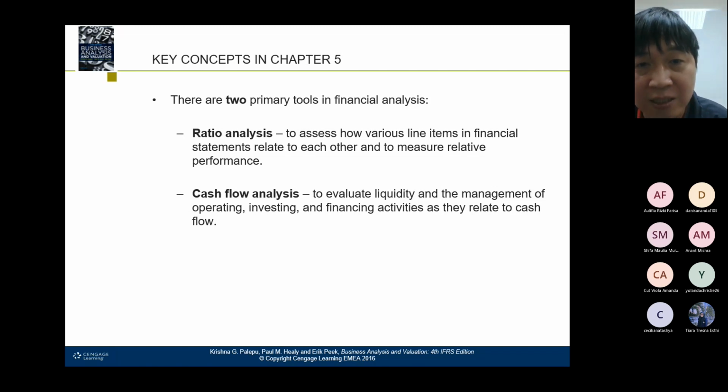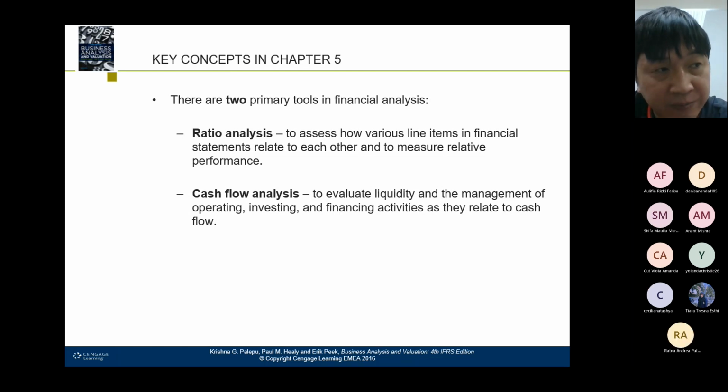Ratio analysis is to assess how various line items in financial statements relate to each other and to measure relative performance. For example, you can take one item from the balance sheet and divide it by one from the income statement.